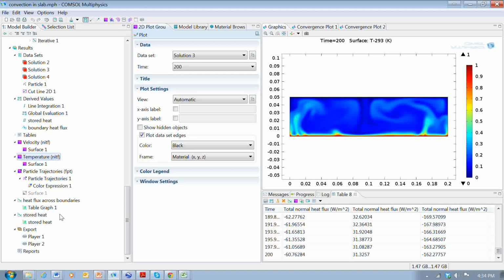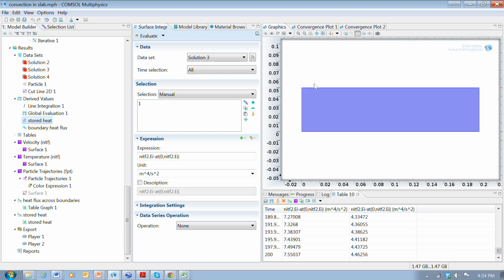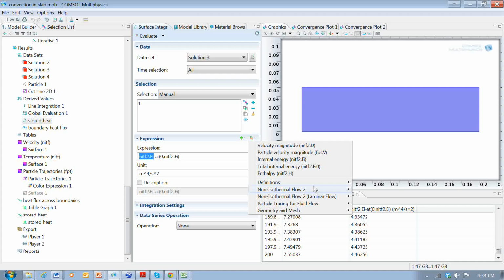So another thing that we can do is calculate the heat that's stored in this block. And the way I did that was to use this integrated over the area, and what I integrated was this term right here, which is the internal energy, essentially the temperature times the heat capacity.